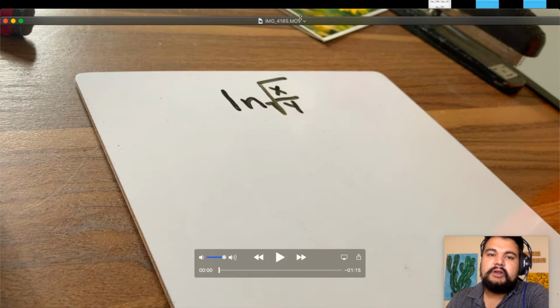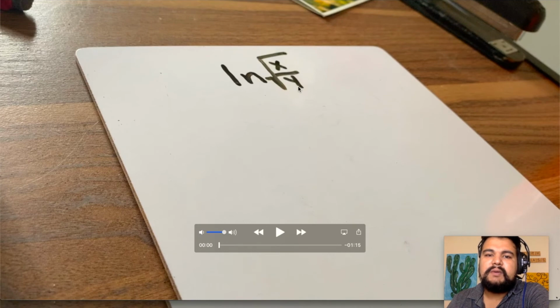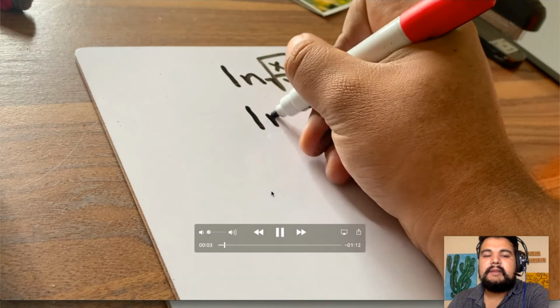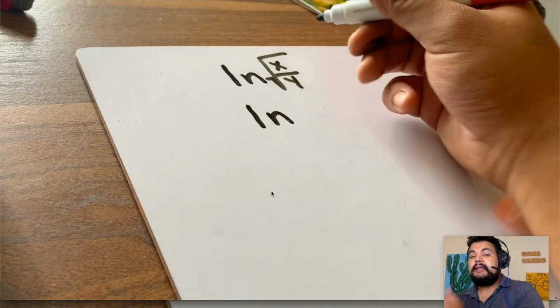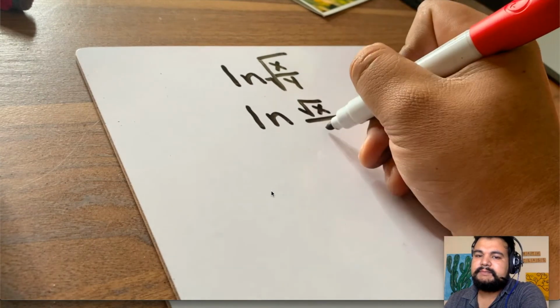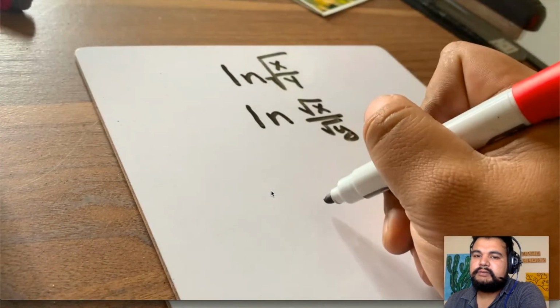Okay, what if you have something like this? Well, first you need to know one basic property: if you have a square root over a fraction, you can separate the fraction and apply the square root independently of each other. So for example, that's the square root of x and that's the square root of y. That's properties of radicals.